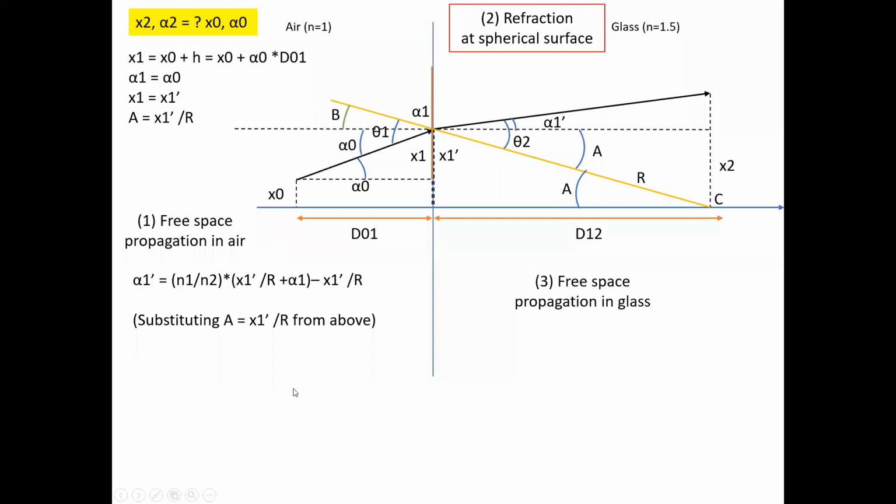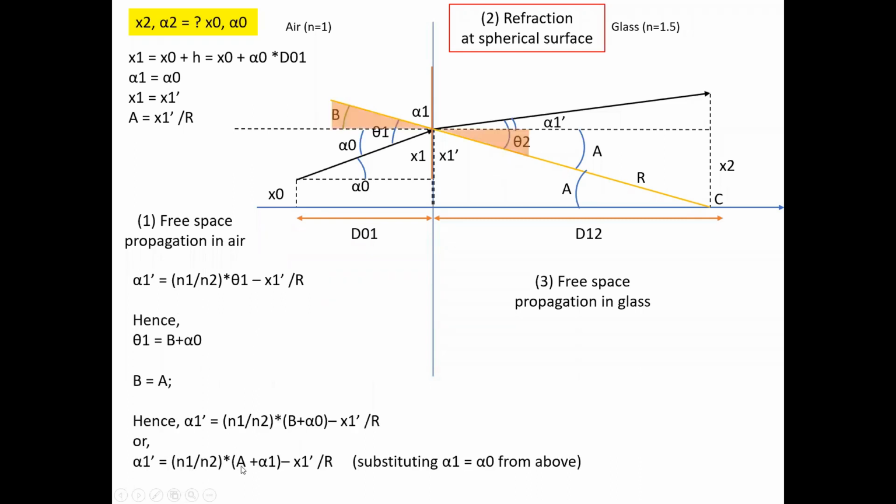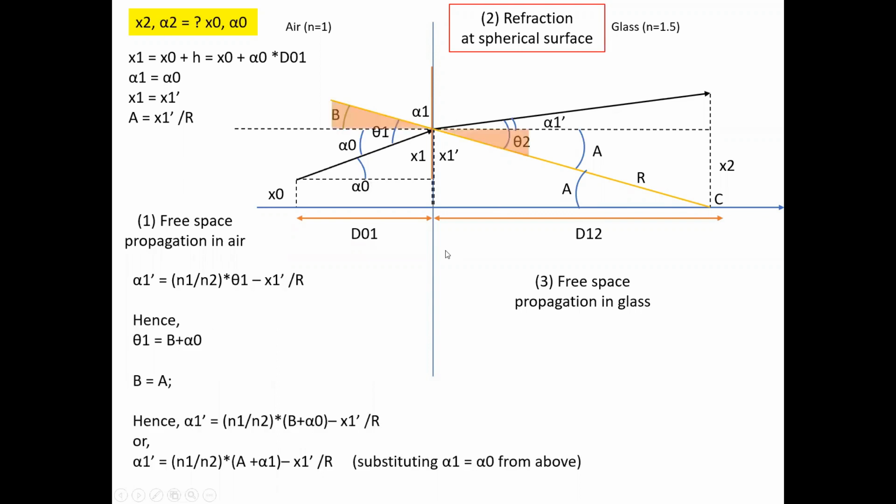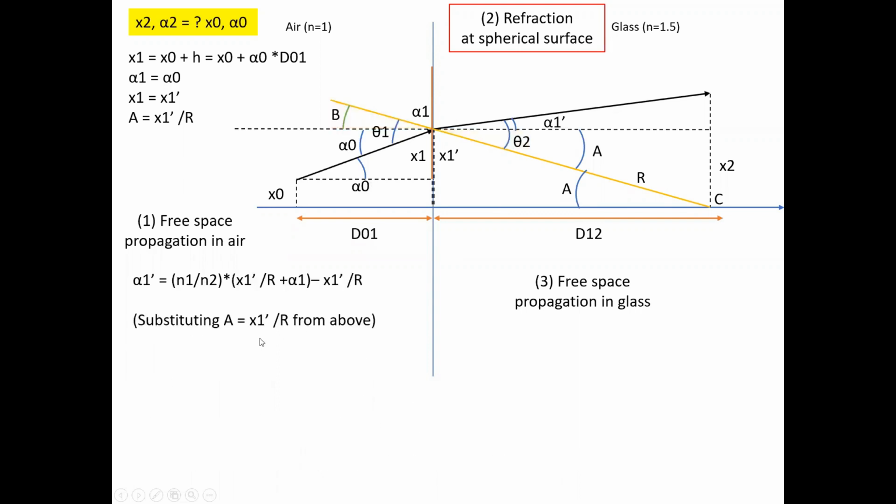So summarizing, I've written the same equation over here. Alpha 1 prime has now been related to alpha 1, which was the angle at which the ray was coming in, and alpha 1 prime was the angle at which the ray was going out, right? Also, I replaced A with x1 prime over R, the arc length relationship.